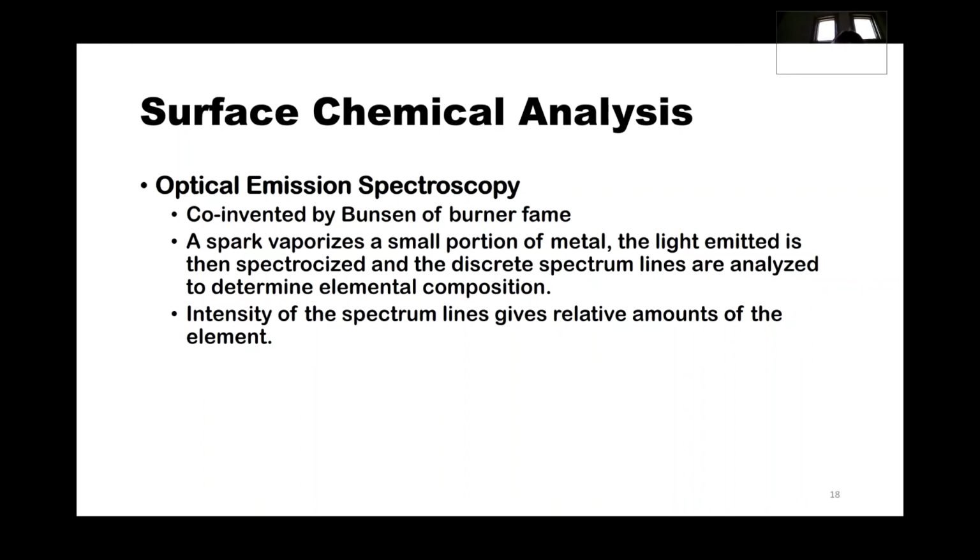The light emitted is then spectrally analyzed, and the discrete spectrum lines are analyzed to determine the elemental composition. The intensity of the spectrum lines gives relative amounts of the element. That's very important because you can tell if it's 10% carbon versus 8% carbon, and if you've alloyed properly.